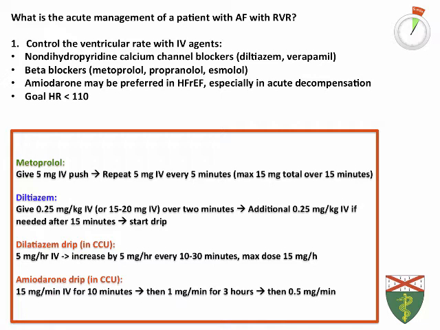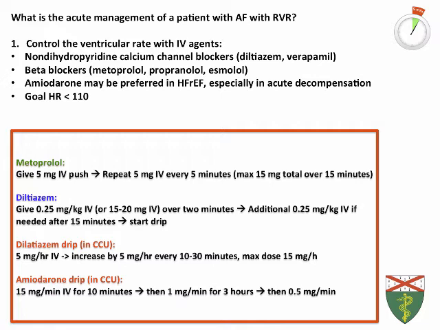So metoprolol, generally begin with 5 milligrams IV push, which can be repeated every 5 minutes for a maximum of 15 milligrams. Diltiazem, I begin with 0.25 mg per kg IV, which usually works out to around 15 to 20 mg over 2 minutes. An additional dose can be given if needed after 15 minutes, and if the patient is still in RVR, I would consider starting a drip of 5 milligrams an hour.